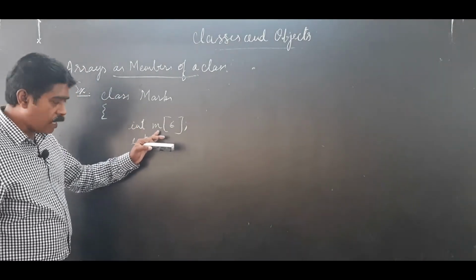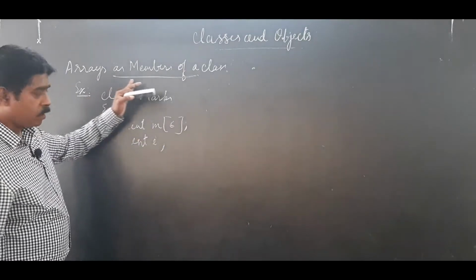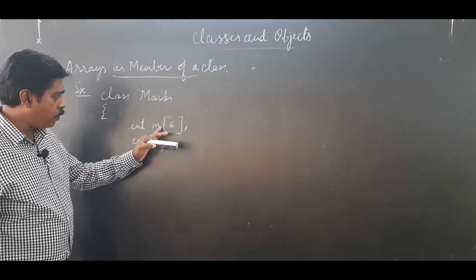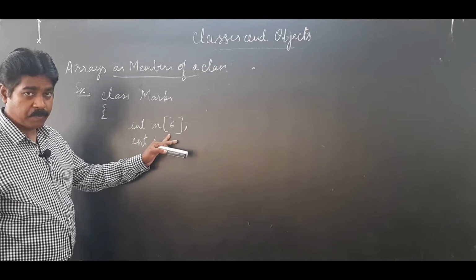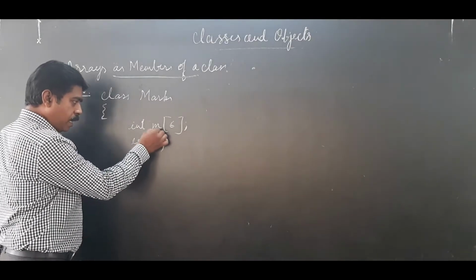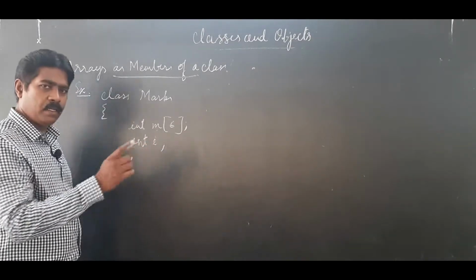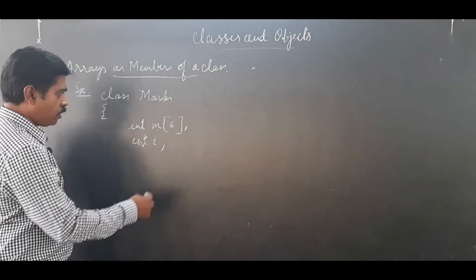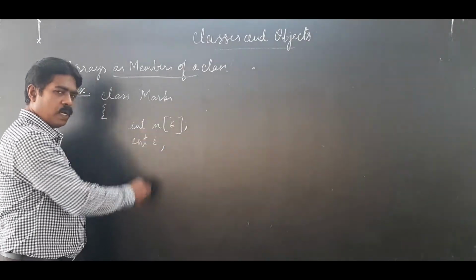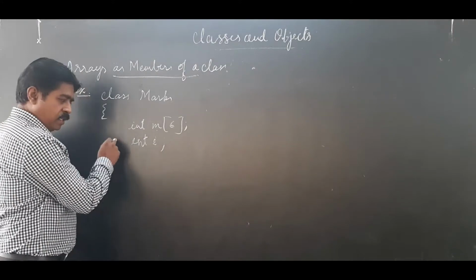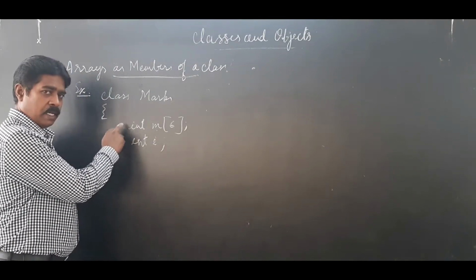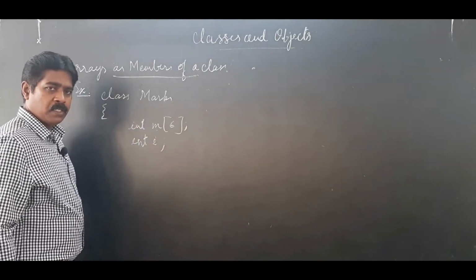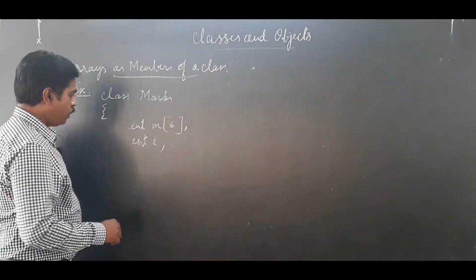One is an array as per our topic, int m of 6 subject marks, and the array name is m, and int i we need for the following: to consider 6 elements in the array. So I am not doing anything. That means what? It is private, as I mentioned in the previous topic, defining objects of a class.